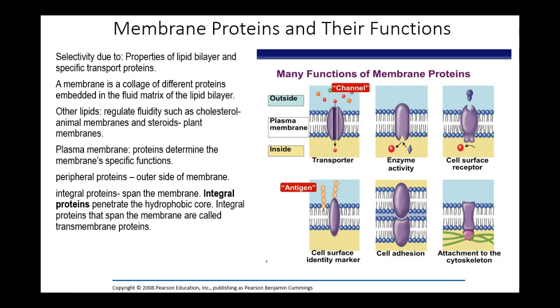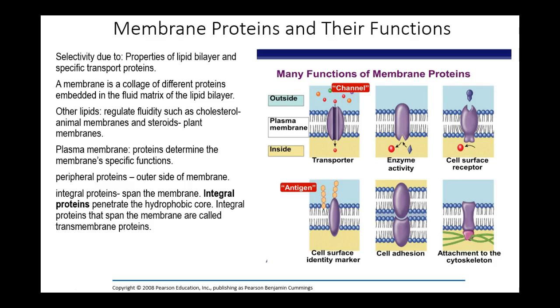You have various types here. You have a transporter protein, which we think of as a channel that often allows ions to pass through. You have a protein designed for one particular enzyme. When that enzyme is there and acts as a catalyst, it may change the shape of the protein, and in changing the shape, it allows something to happen on the outside of the membrane.